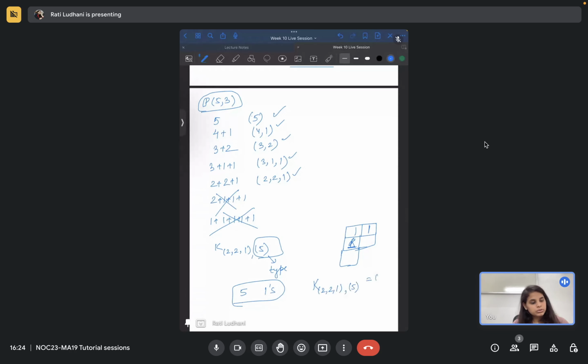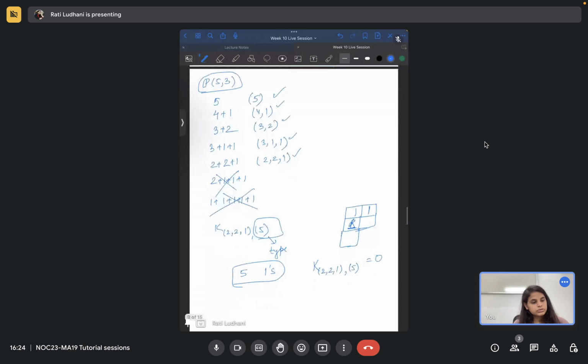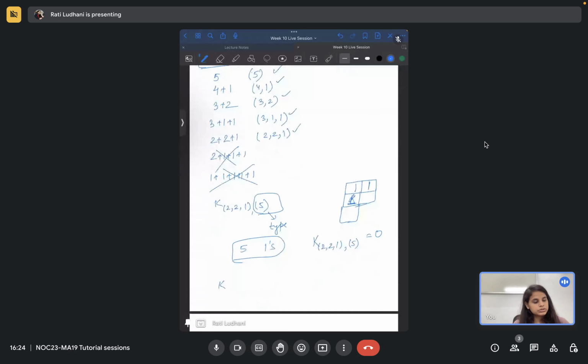Now let's see K, the first one is your shape, and this is 4 1. This is the type and this is the shape. Again we will consider this. Shape is 2 2 1 and type is 4 1.